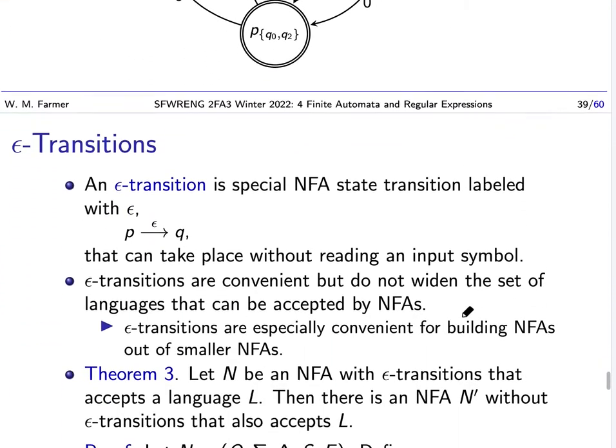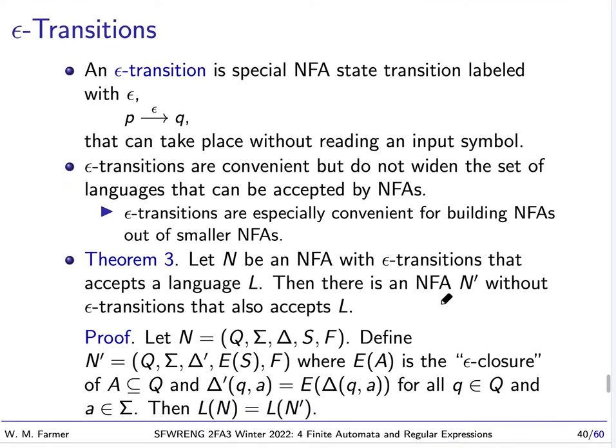Okay, well, we have one more topic, and this topic is about epsilon transitions. So far, we have DFAs and we have NFAs. And now we're going to have another kind of finite automaton, which is going to be called NFAs with epsilon transitions.